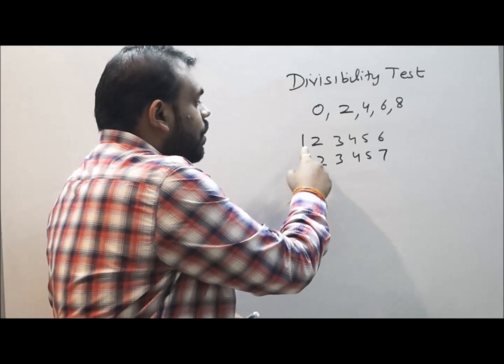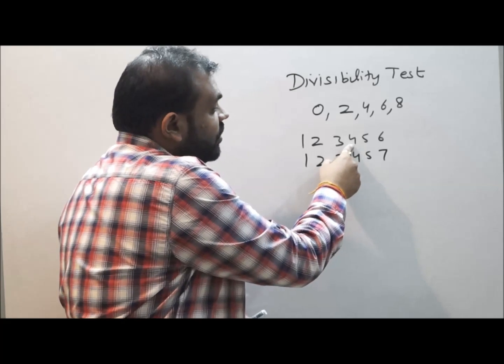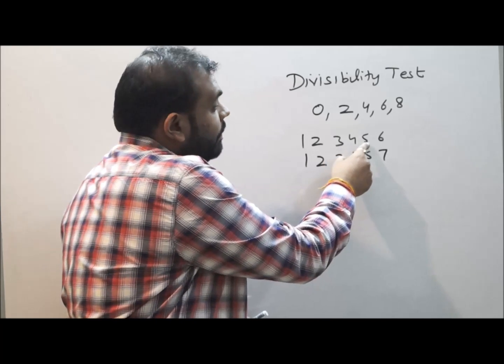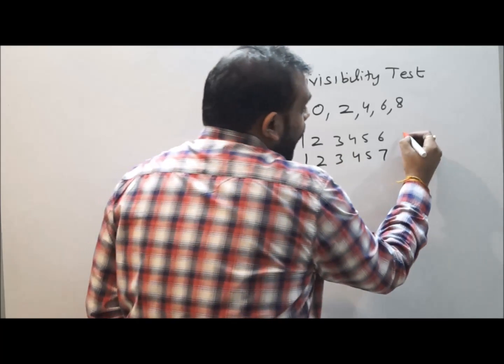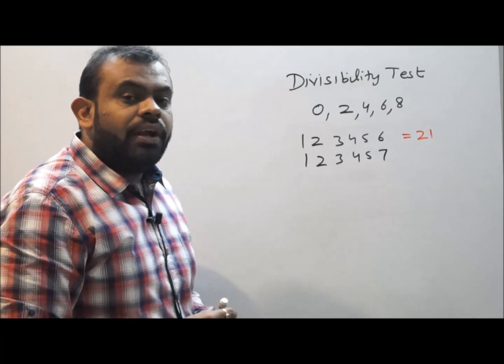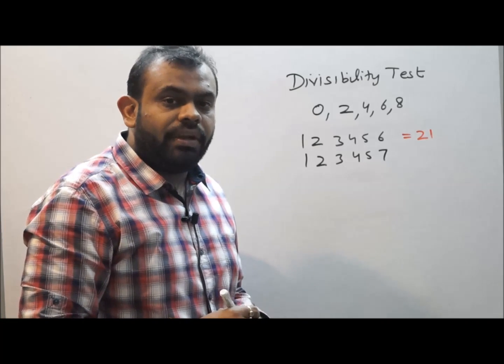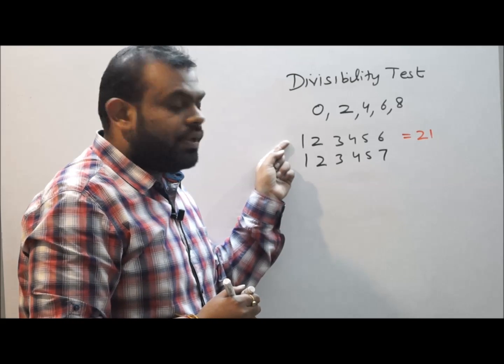We can see that 1 plus 2 is 3, 3 plus 3 is 6, 6 plus 4 is 10, 10 plus 5 is 15, 15 plus 6 is 21. Hence, the sum is 21. So we can see that 21 is divisible by 3. Hence, my first example is divisible by 3.